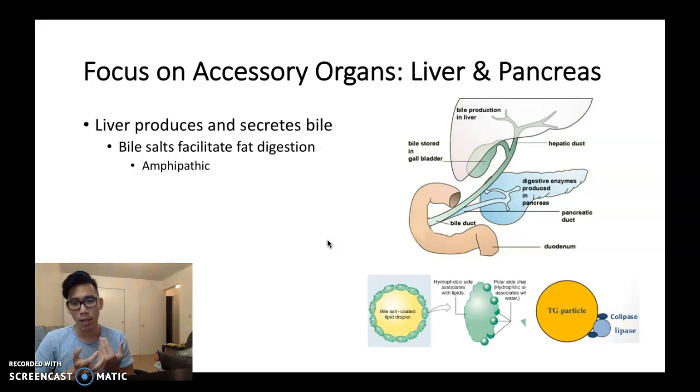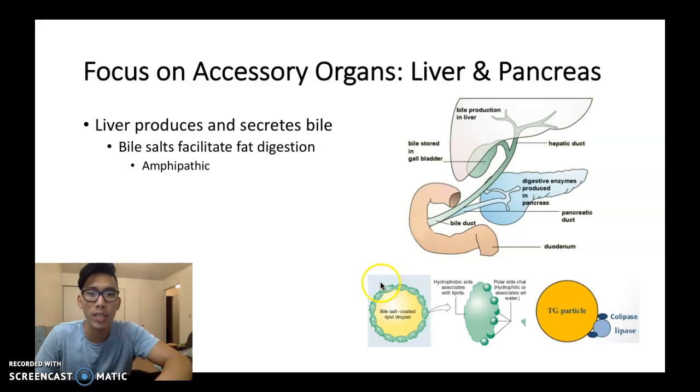Now, bile salts play a huge role in fat digestion because they are amphipathic, meaning that they have hydrophobic and hydrophilic regions. Bile salts then can attach to the fat droplets and coat the lipid molecules, creating a stable emulsion of smaller fat droplets.